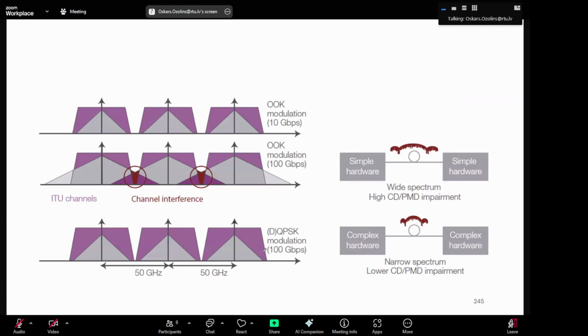But you can still deliver the same 100 gigabits by using the QPSK modulation format and use the same 50 gigahertz grid. So there is now a lot of work on how to get higher capacity with this limited grid, and there are other methods which could be possible.